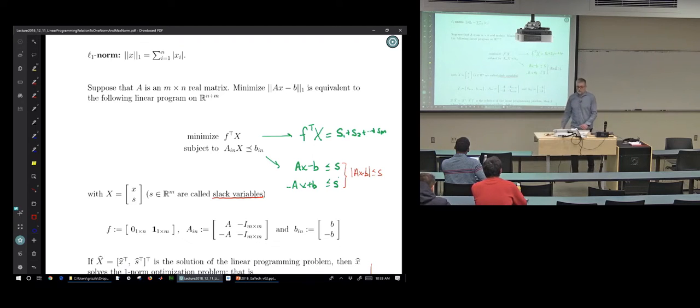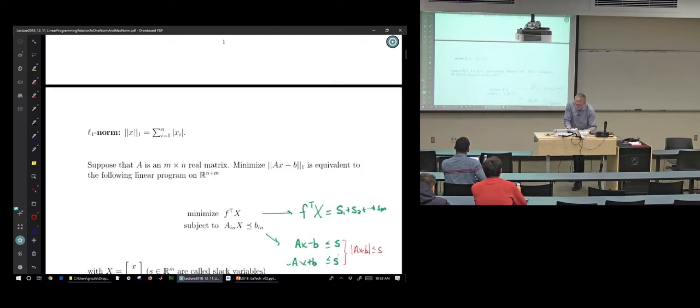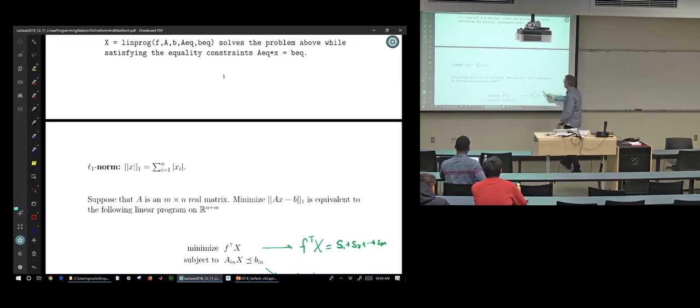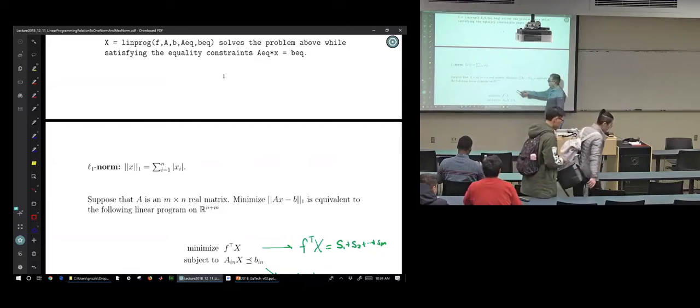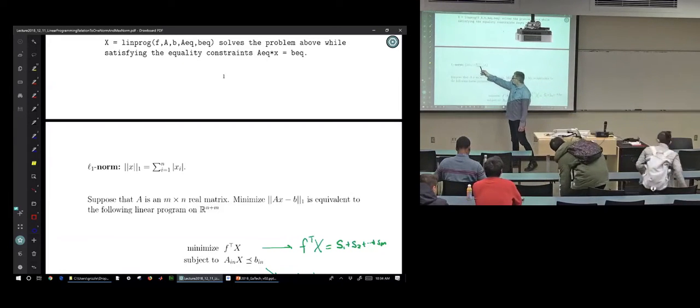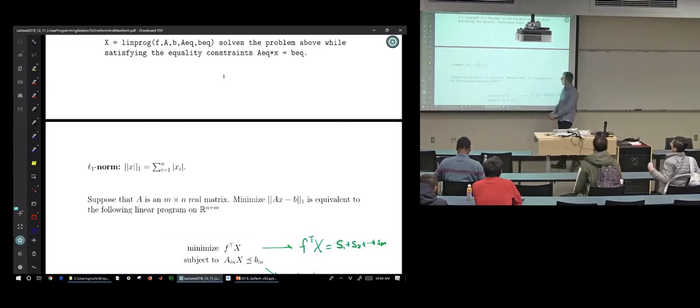So we're looking at the problem of minimizing AX minus B in the one norm. We're experts at doing this in the two norm. That's our classic overdetermined problem. Okay? So how do you do that in the one norm? So here's the one norm, sum of the absolute values.